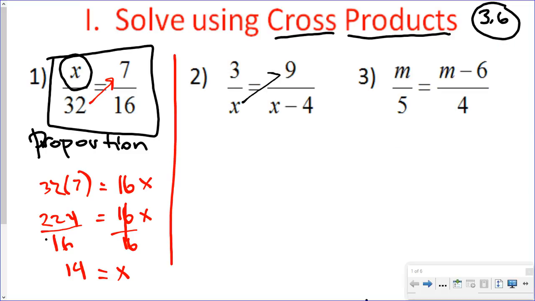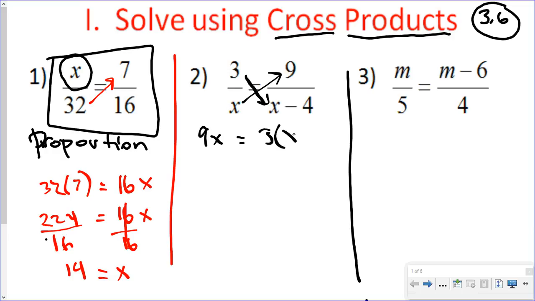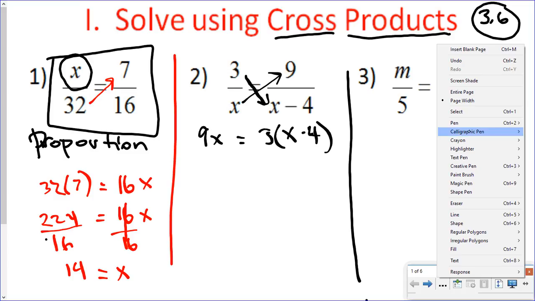Here we have x times 9 is going to be equal to 3 times x minus 4. This problem's a little bit different, a little bit more complicated, but we know how to solve it. This will be 9x is equal to 3 times x minus 4. After the last chapter, when we were able to deal with the distributive property and also variables on both sides, we should have a plan.